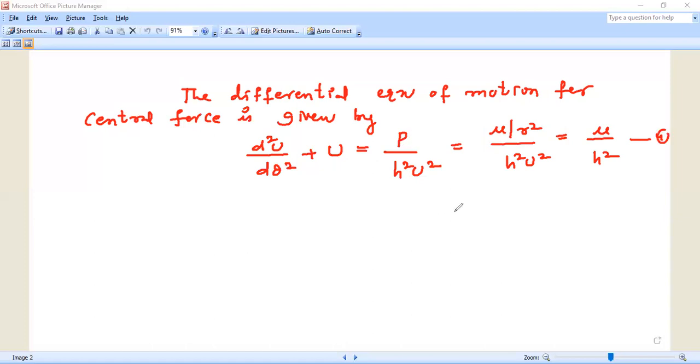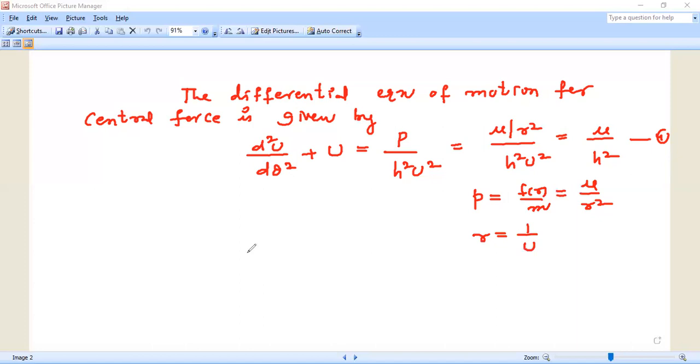Because there we have taken the substitution, force per unit mass P is equal to F of r by small m, that equals mu by r square, substituted. And also r is the reciprocal of u, or u equals 1 by r. So r square is equal to 1 by u square, substituted. Hence u square is cancelled.